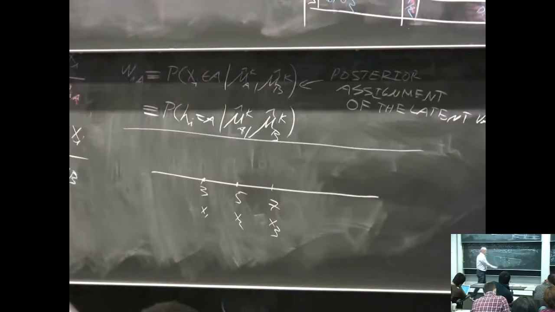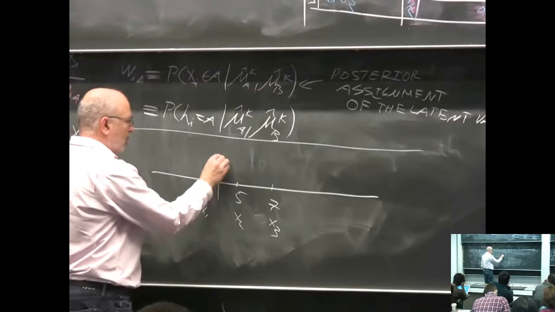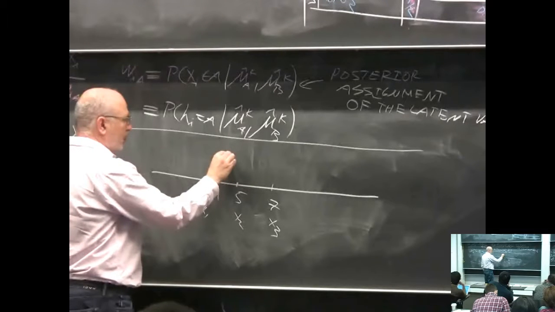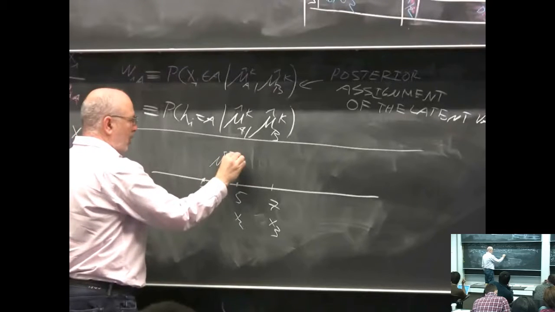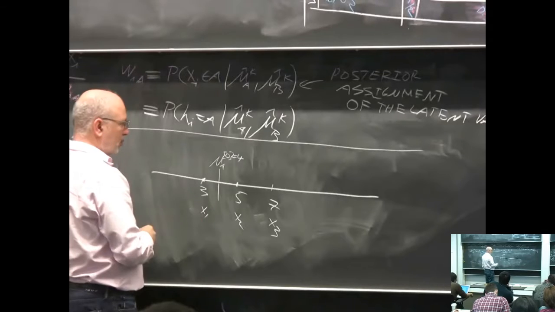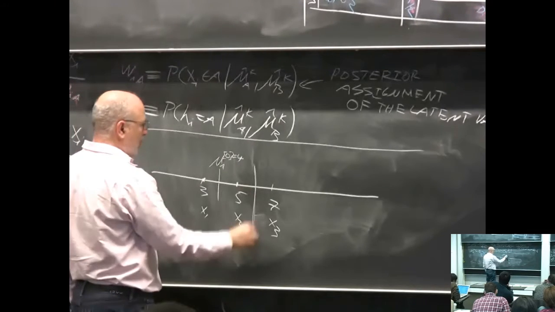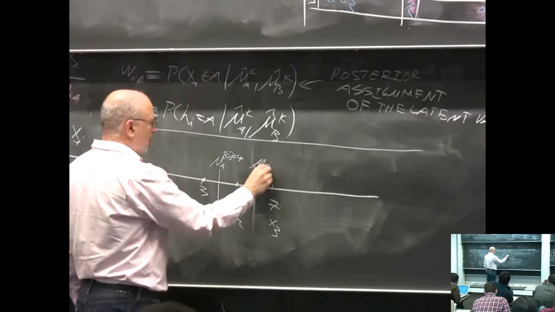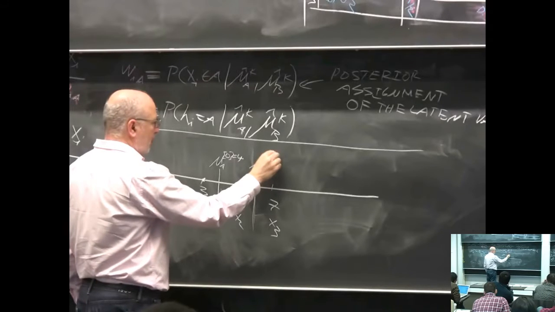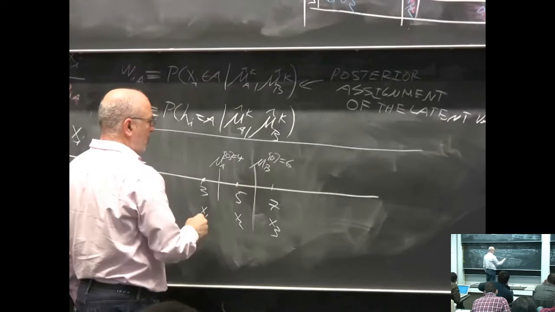And let's say we started with mu's, mu a of iteration 0 at 4, and mu b of iteration 0 at 6.